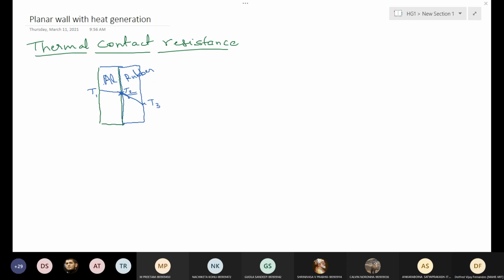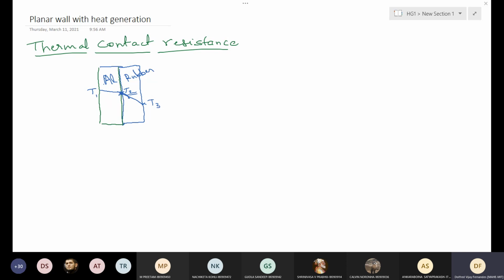So that means the resistance offered by the interface has to be considered if you want an accurate calculation of heat transfer through composite walls. If you want to estimate the rate of heat transfer accurately, then we need to consider this extra resistance offered by the interface.